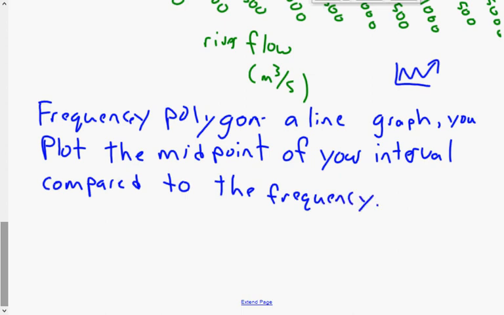So you're still counting frequencies just like you did before, so that part doesn't change. But instead of having your intervals between 0 and 500, you take the point right in the middle of that.